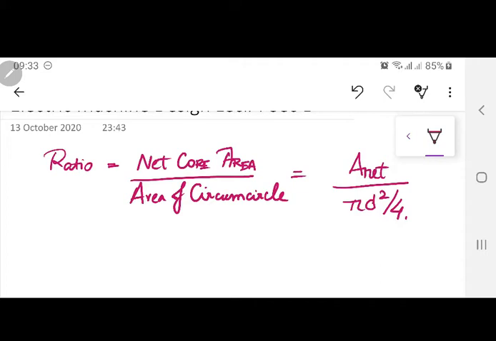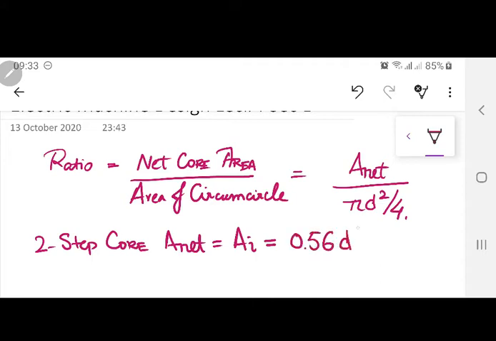Now if you had a 2-step core, which we proved in the last lecture also, this A net or AI was equal to, taking straight from the equation over here, 0.56 d square. So a 2-step core was approximately taking this much area. If you had a diameter d of the circumscribed circle, the net core section was equal to this form.